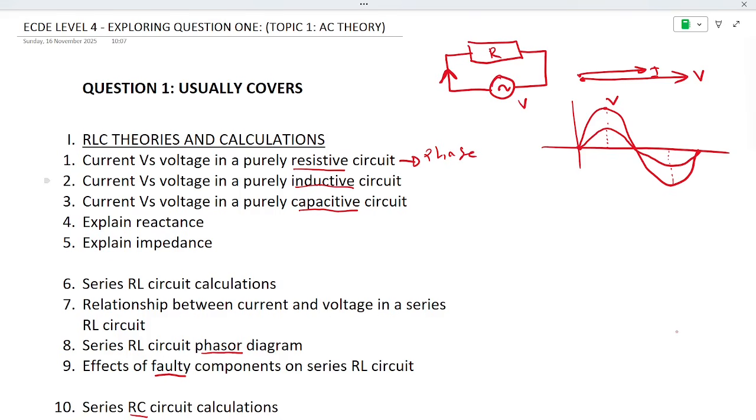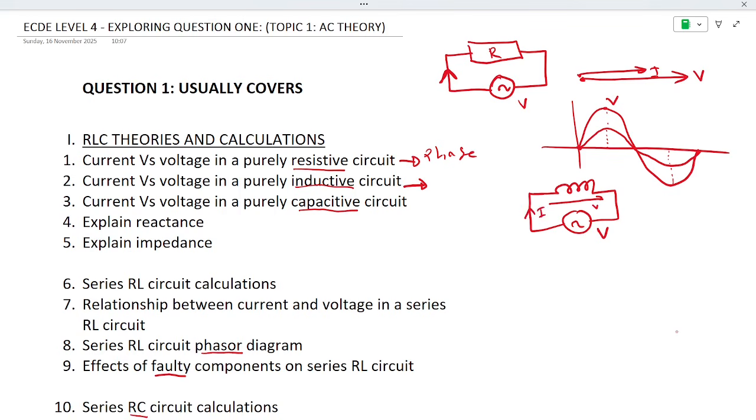In an inductive circuit, what happens in an inductor? What happens when an inductor is connected across an AC source? There is a voltage across, and there is a current flowing into the inductor.